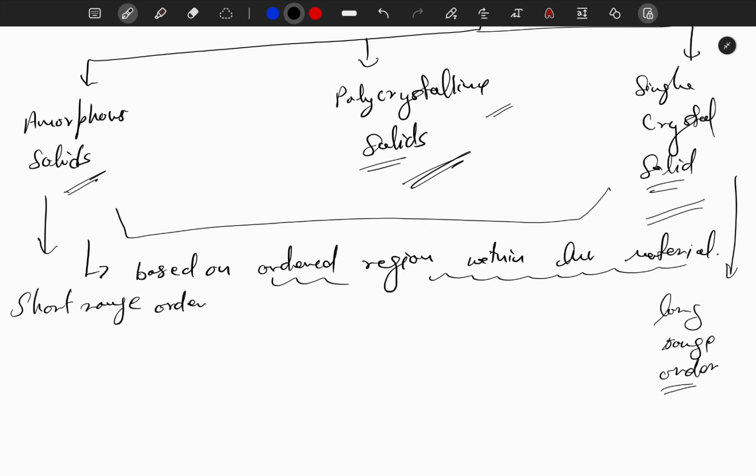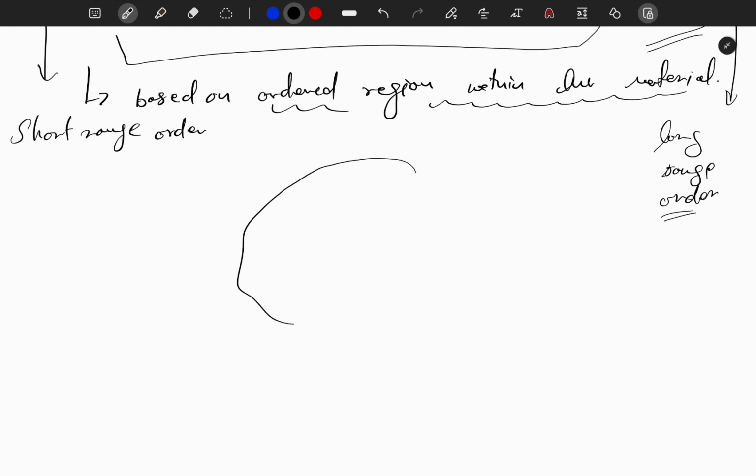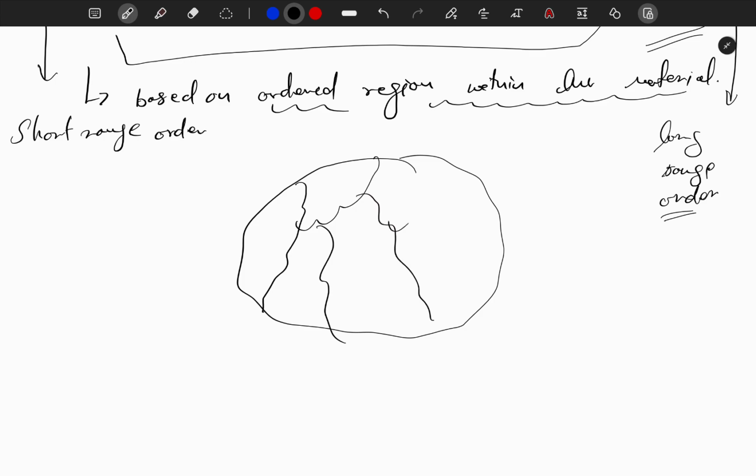And in a polycrystalline material the solid is made up of grains, which are highly ordered crystalline regions of irregular sizes and orientations. If we consider a solid like this, there will be some regions of unequal sizes. These regions are called grains, and these grains are highly ordered crystalline regions.